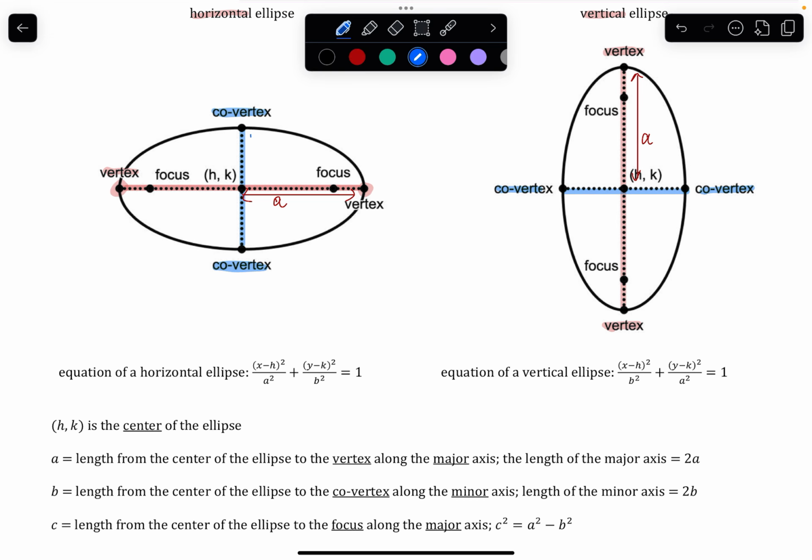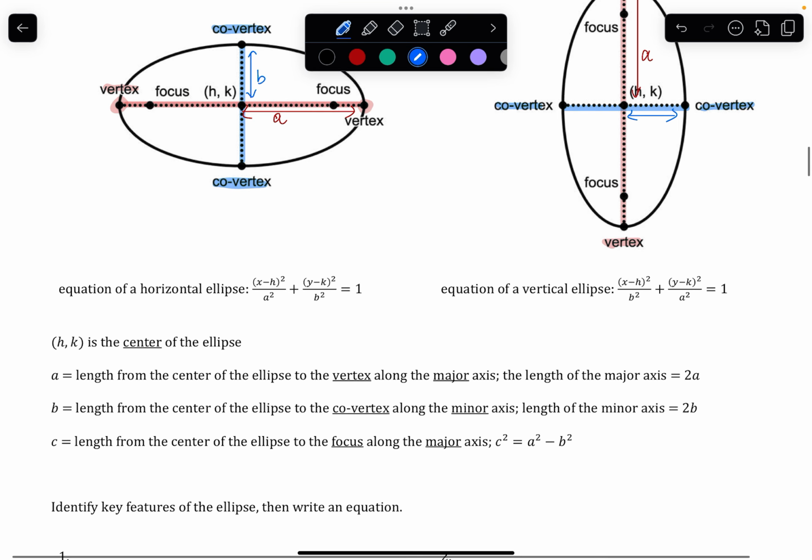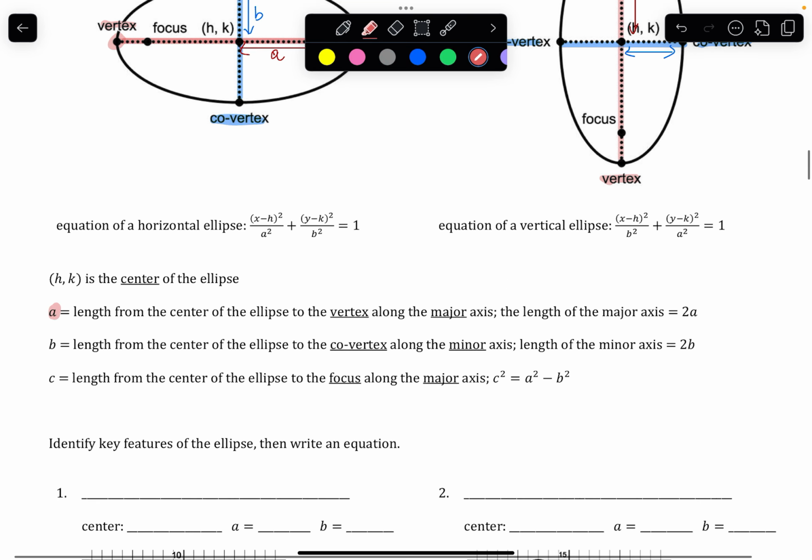And then your shorter radius will be your B value. Okay, and so A will always be the length from center to vertex. B will always be the length from center to co-vertex.